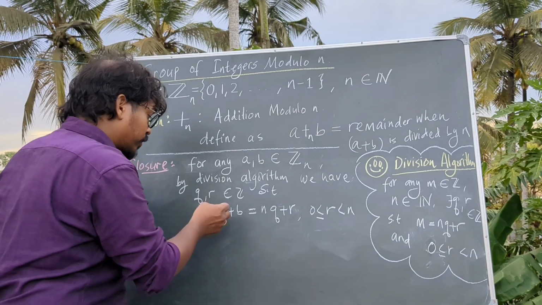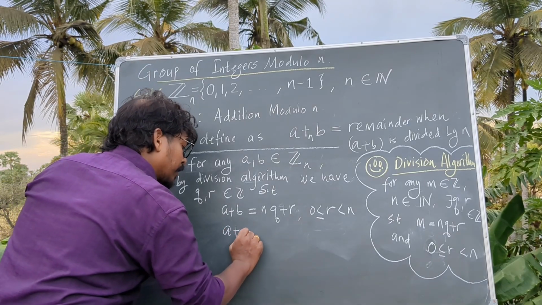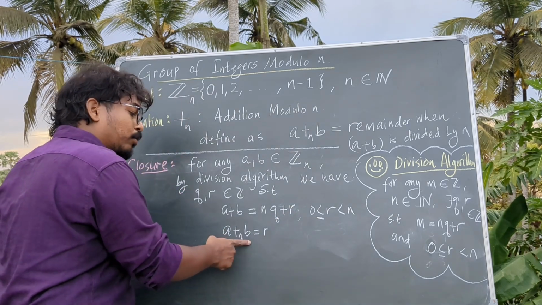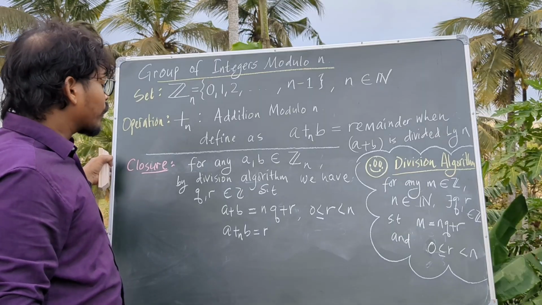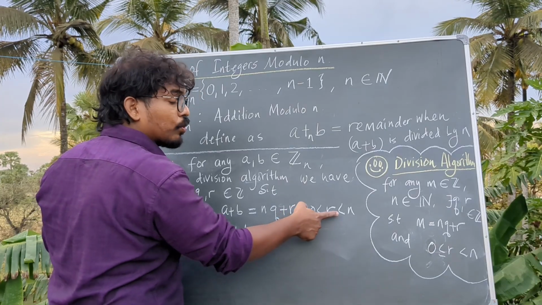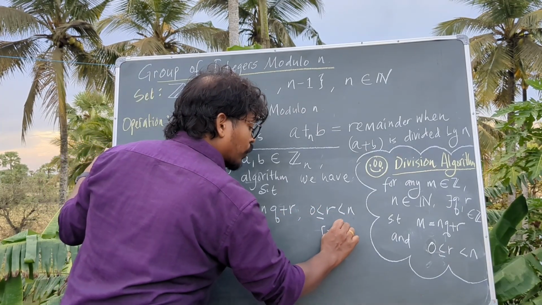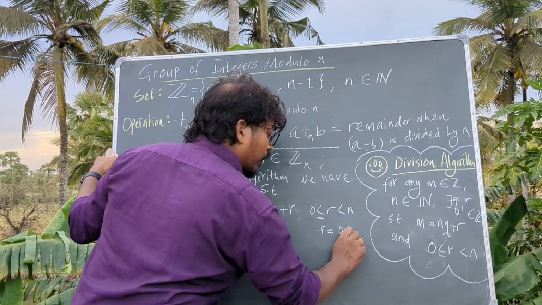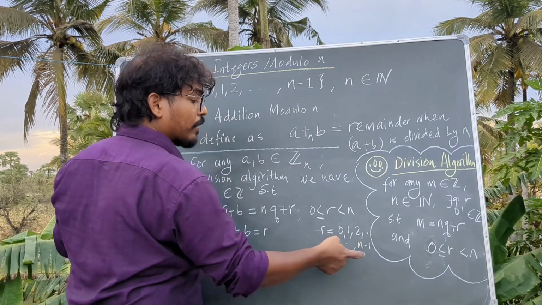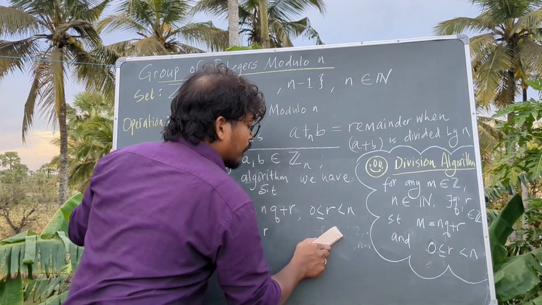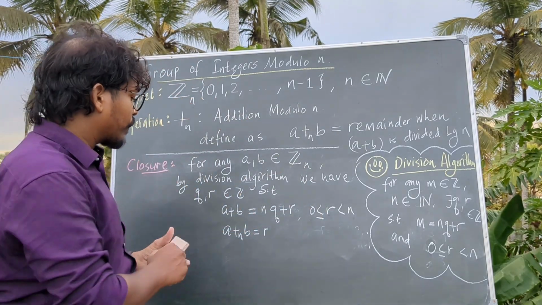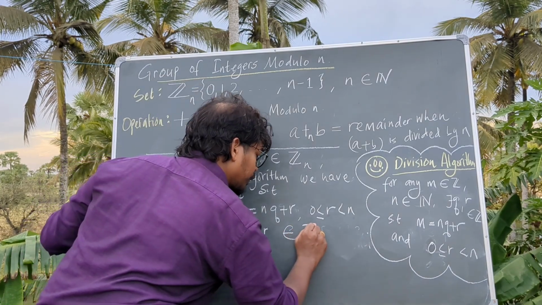And r is the remainder. This r is nothing but the result you get when you operate a with b under addition modulo n, and by division algorithm you have what? r lies between 0 and n, so r equals 0 or 1 up to n minus 1. r is any one of these elements, and clearly this belongs to Zn.